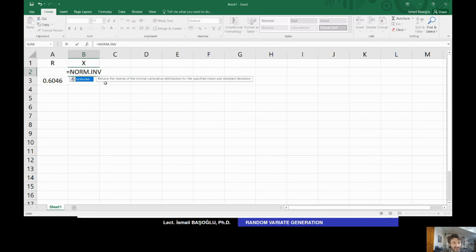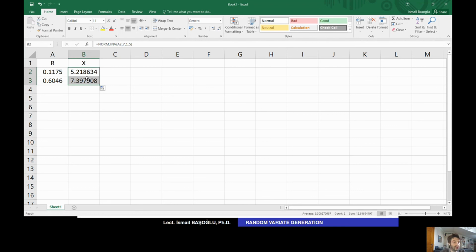Basically, it says, as you can see here, it returns the inverse of the normal cumulative distribution for the specified mean and standard deviation. So you open parentheses, you say, this is going to be my probability, and I'm just going to write A2 here. So for the random number in the previous cell, and the mean of 7 and the standard deviation of 1.5, it will generate the random variate.